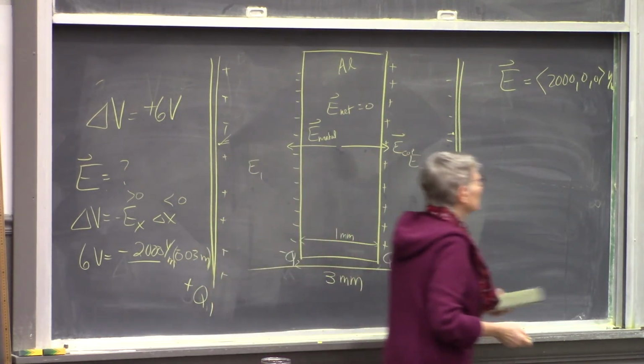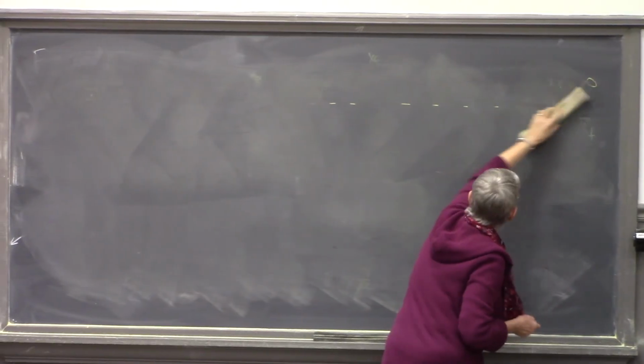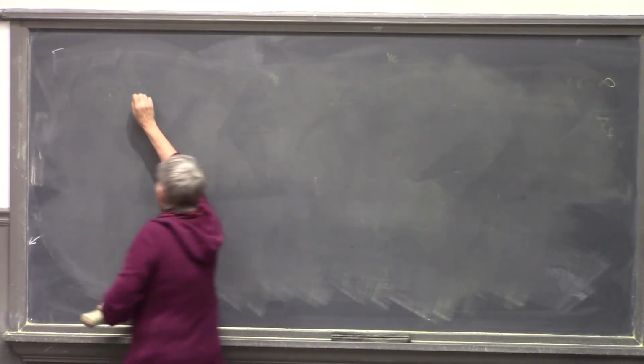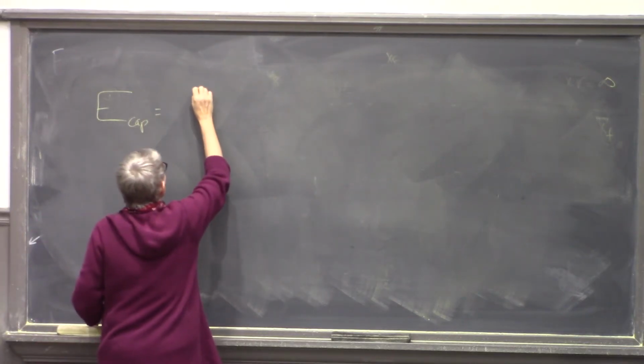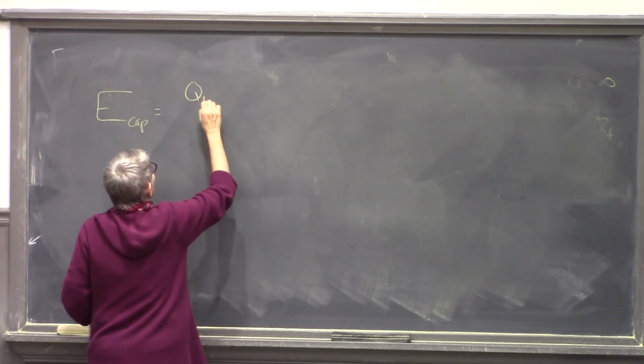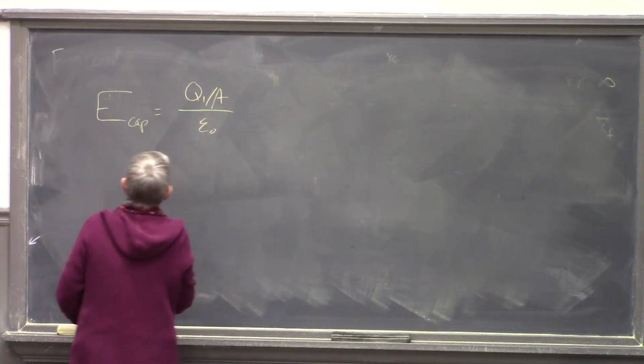More formally, we'd have the magnitude of the field of the capacitor is Q1 over the area of a plate over epsilon 0.